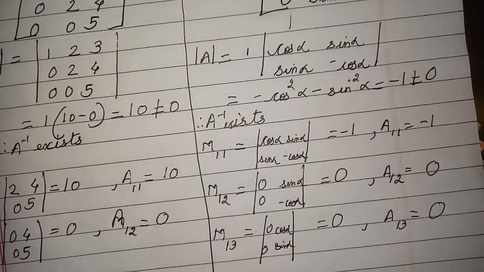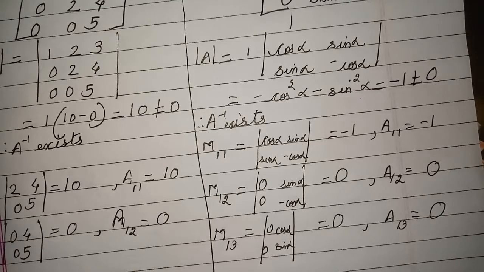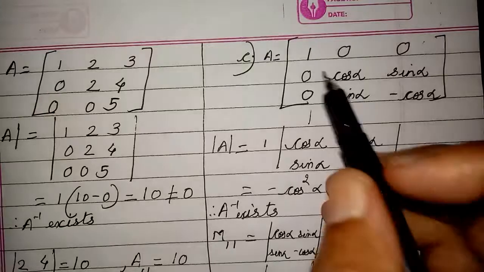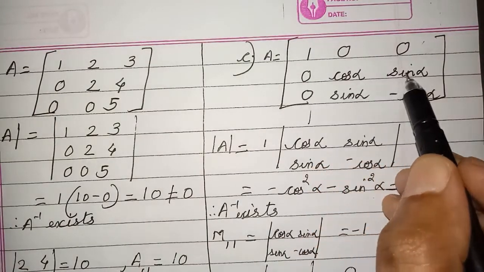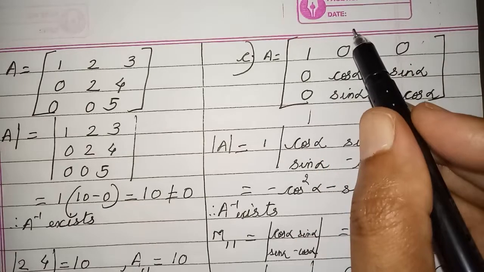So 0, 0, sin alpha, minus cos alpha. So it is again 0, because position is positive, no difference it makes. M22, second row, second column.